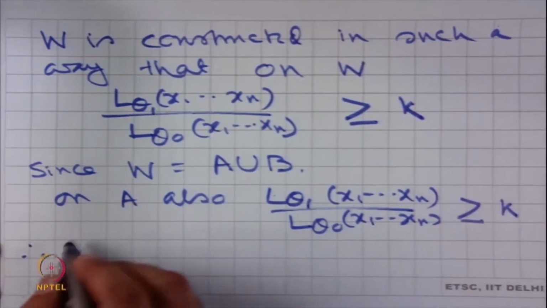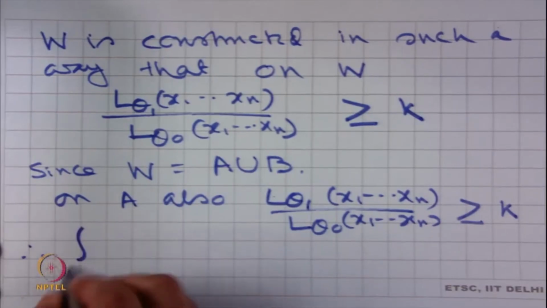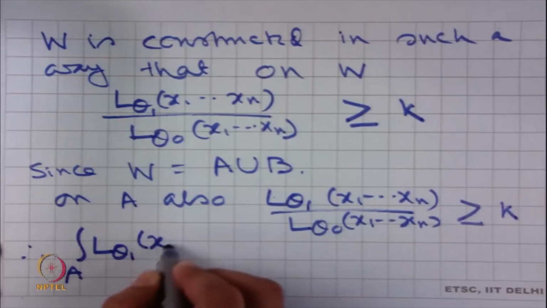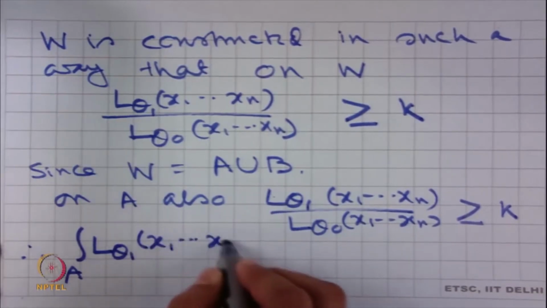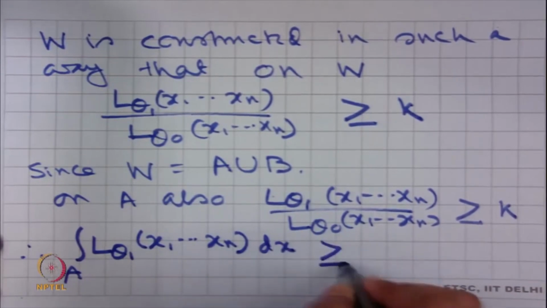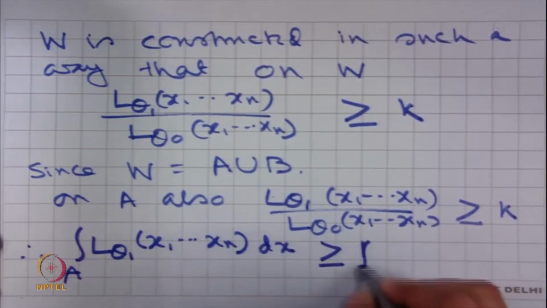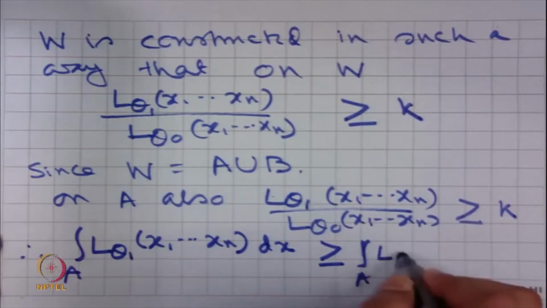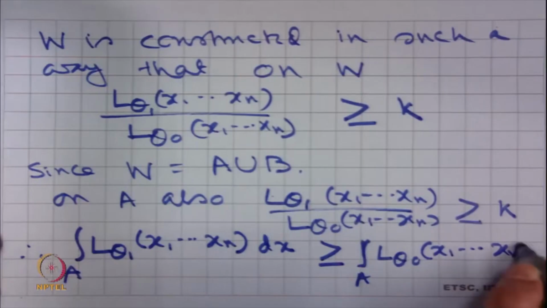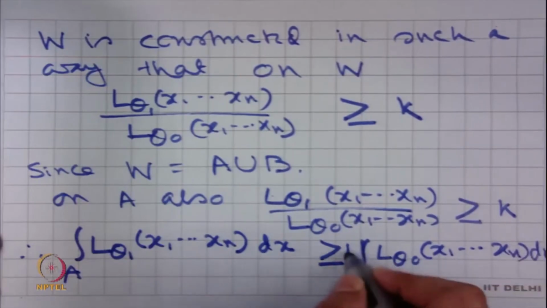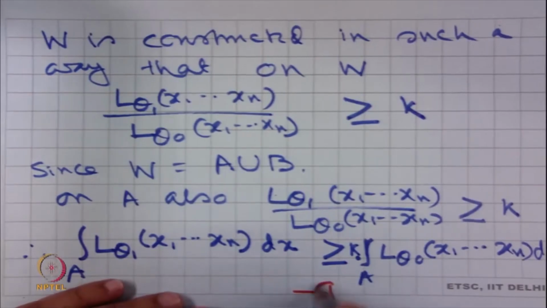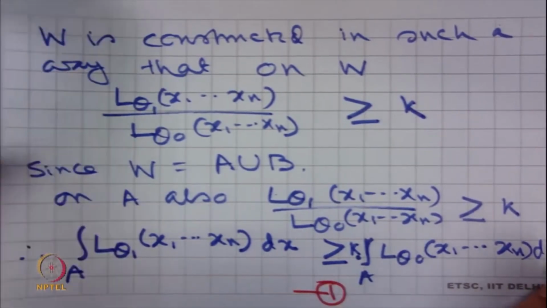Therefore, integration over A of L theta 1 of x 1, x 2, x n dx is greater than or equal to integration over A of L theta 0 of x 1, x 2, x n dx multiplied by k. Let us call it inequality 1.